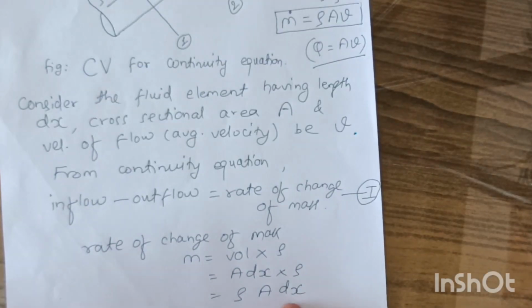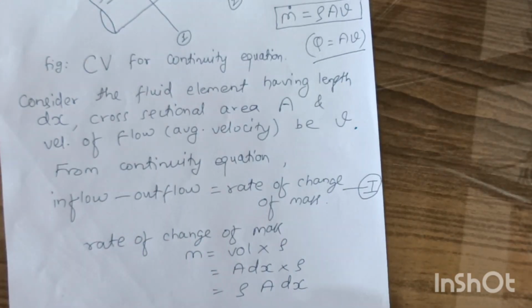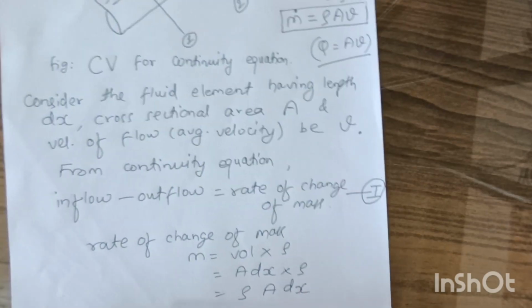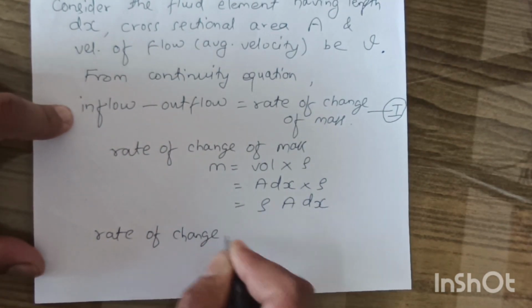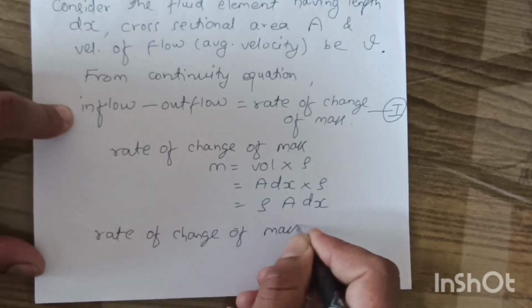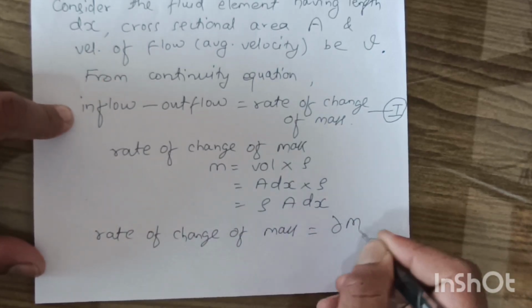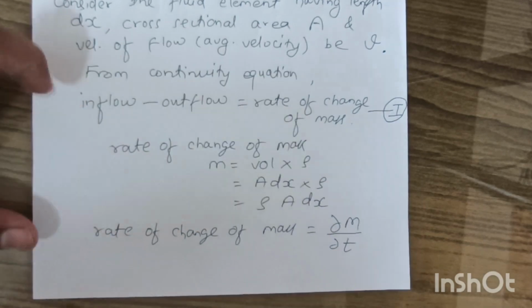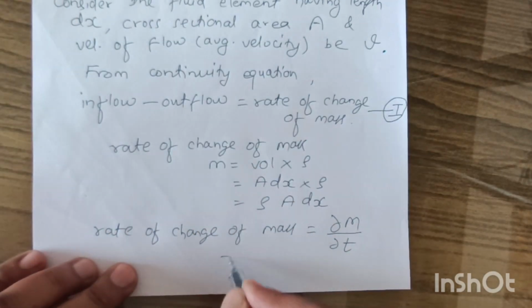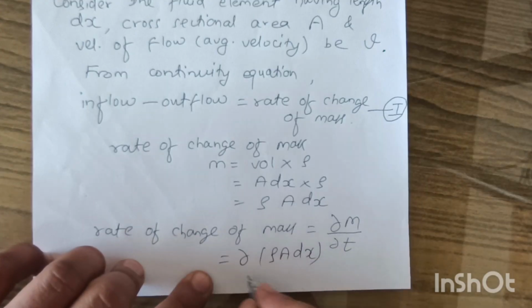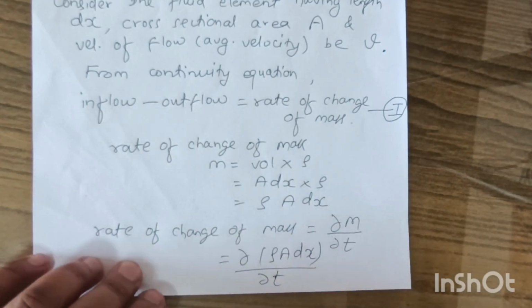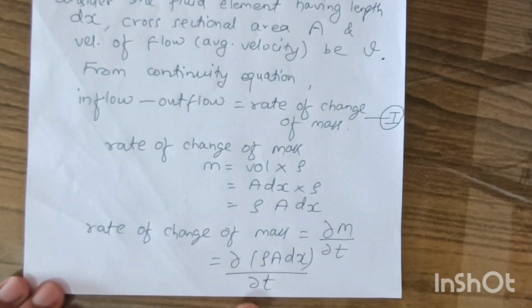And the rate of change of mass you can write as del m by del t, and del m is del(rho A dx) by del t. Okay, so this is the rate of change of mass.